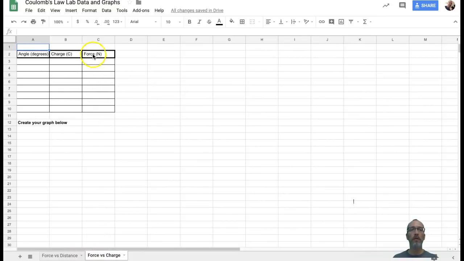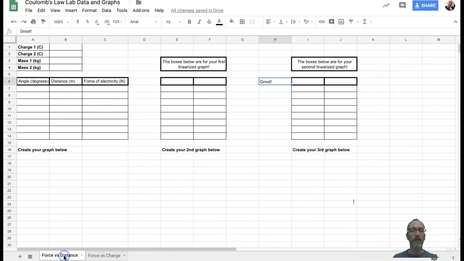So this one is also force, and it is the force of electricity. So to do that, remember that you're going to right here put in mg. So this will be the mass times gravity of our particle, and then we're going to take that times the tangent of the angle, whatever your angle is.